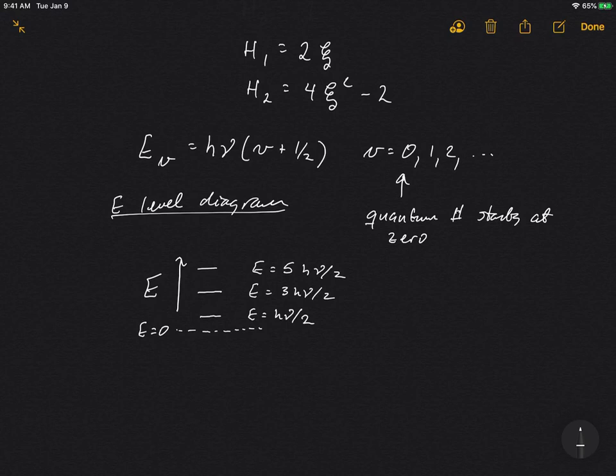This is often important for spectroscopy. In spectroscopy, you're absorbing a photon and the energy of a photon corresponds to the energy difference between some energy levels of the system. So you absorb a photon, promoting the system from one state into another. And so these spacings between states are important.